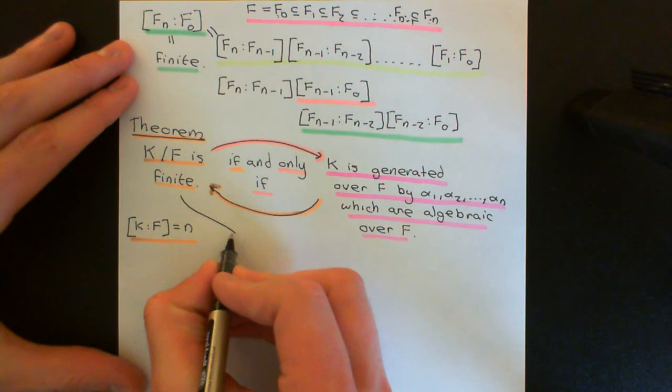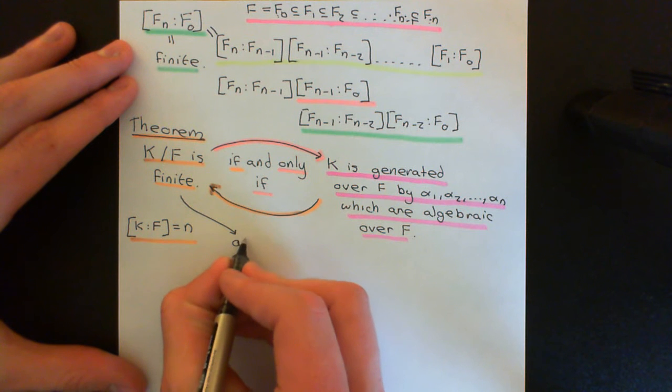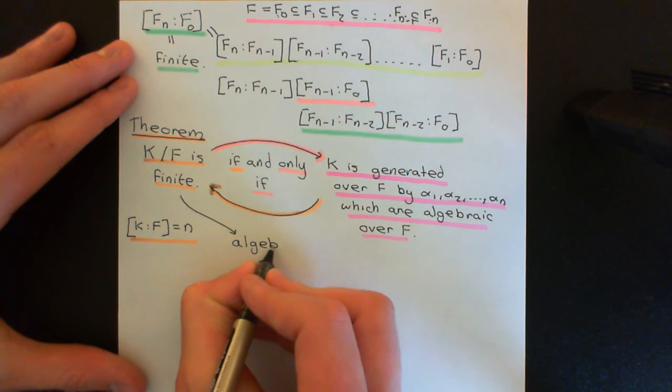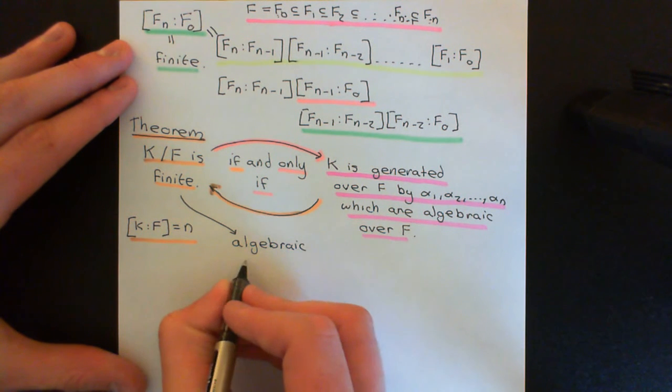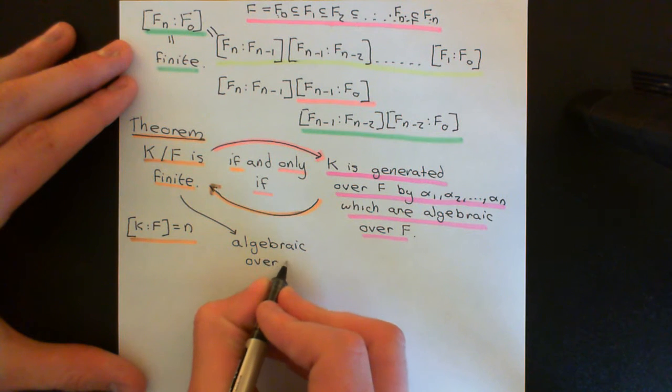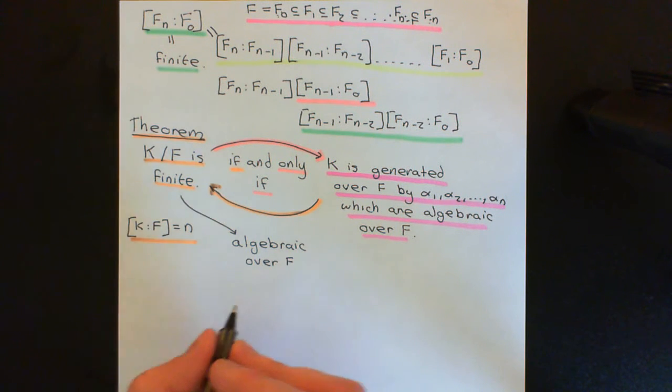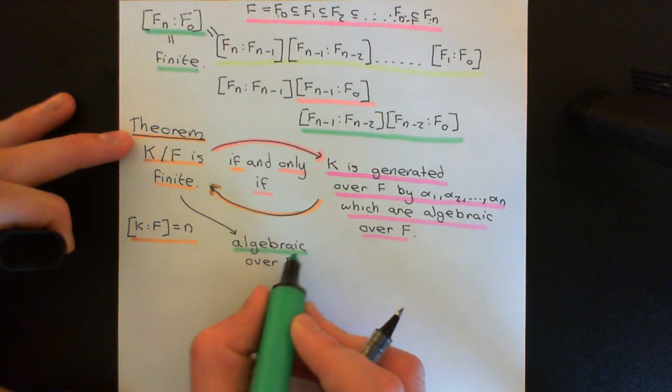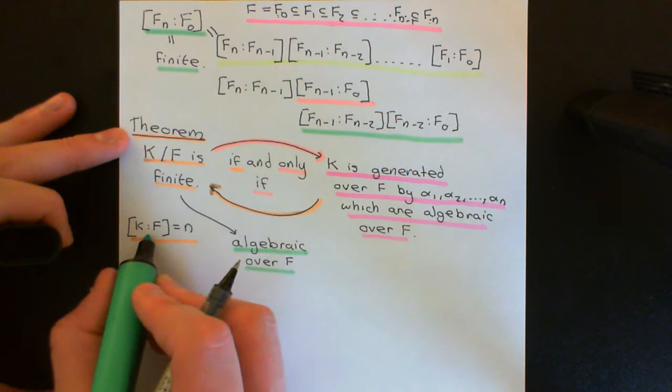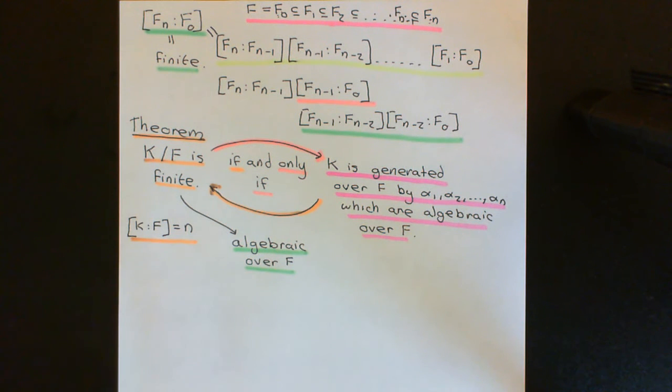So we now know that K is going to be an algebraic field extension of F, algebraic over F. That means that all of the elements of K are going to be algebraic over F. So all I actually need to show is that K is generated by a finite number of elements over F, because I instantly know that all the elements in K are algebraic over F from the fact that K over F is finite. Okay, right.